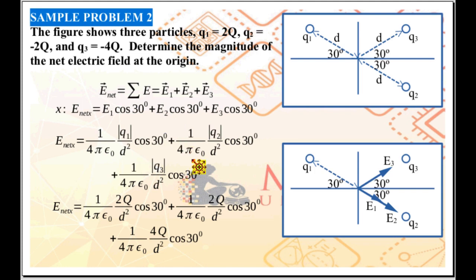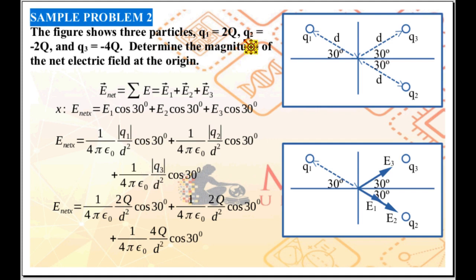E2 is 1 over 4 pi epsilon naught, Q2 over D squared. D is the distance of our charge from the origin. And then E3 is 1 over 4 pi epsilon naught, Q3 over D squared.